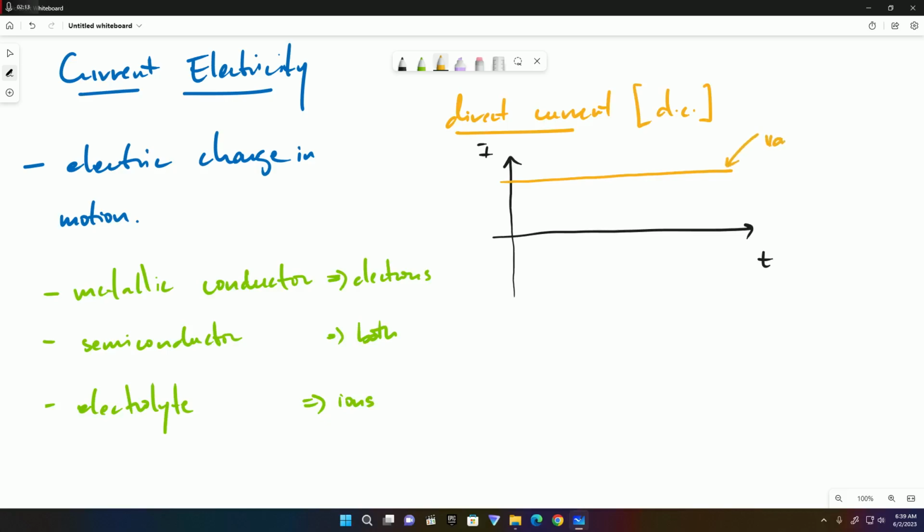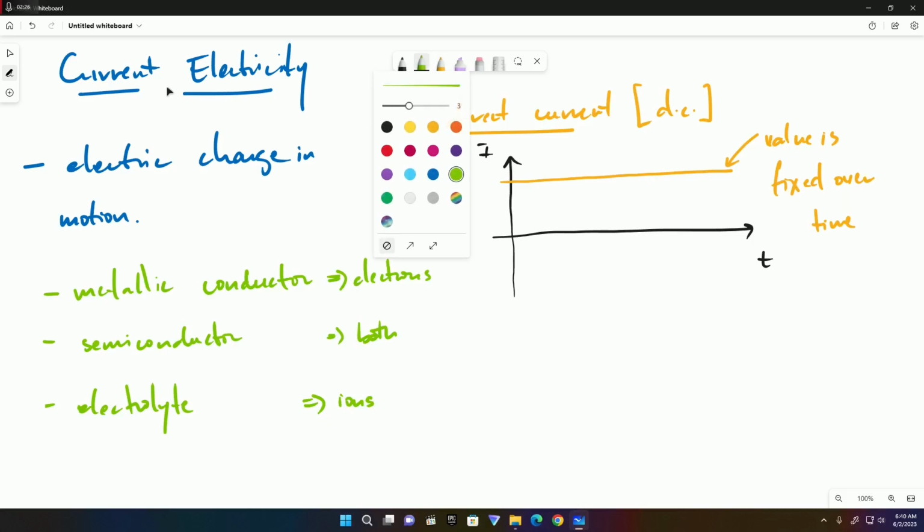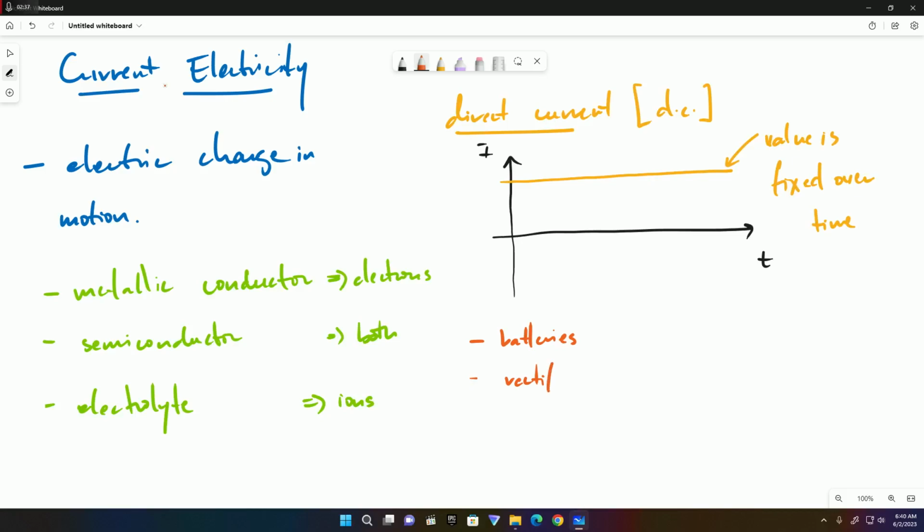The value is fixed over time. We get this from batteries. We get this from rectifiers. This is direct current.